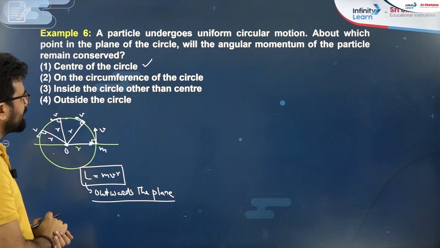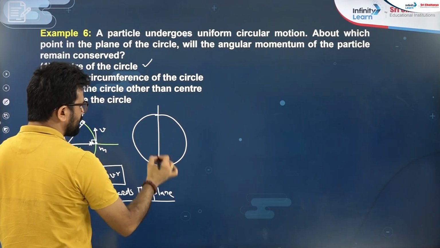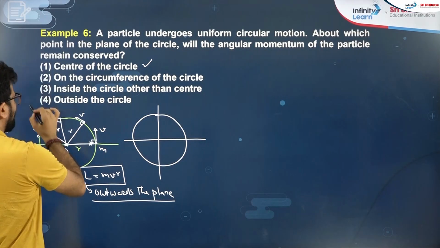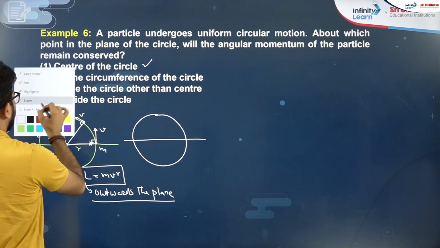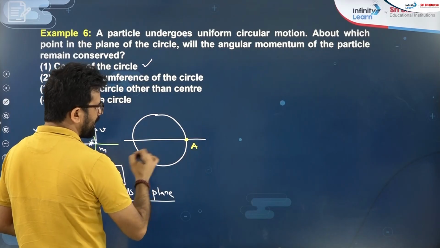But it is possible that on the circumference, so we will talk about the second possibility also. Suppose this is a circle, and on this circle I am choosing one point A, and about A we will talk.